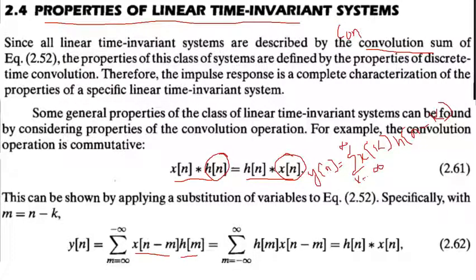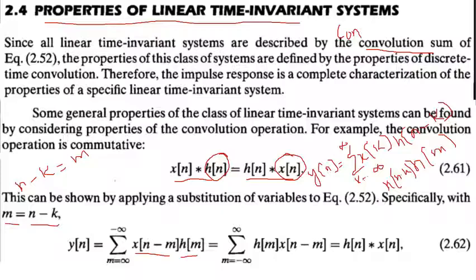So if I take n minus k equal to m, this will become h of m, and this will become x of n minus m.